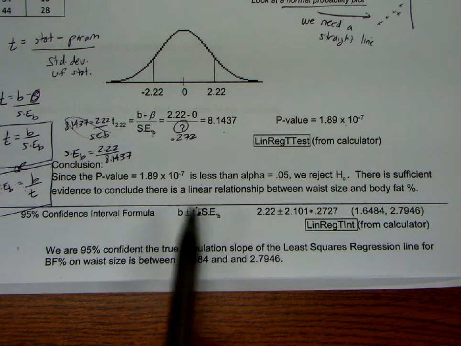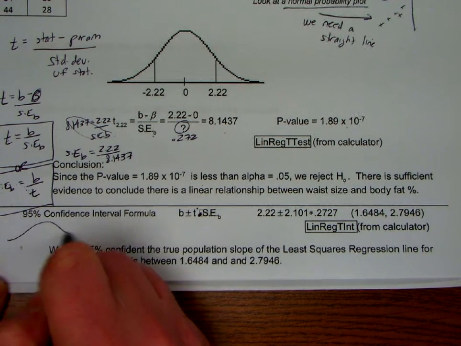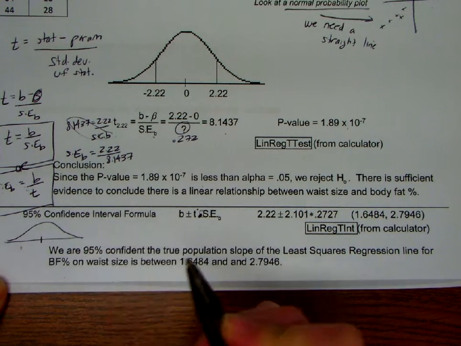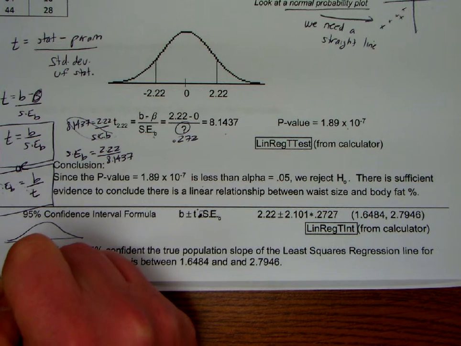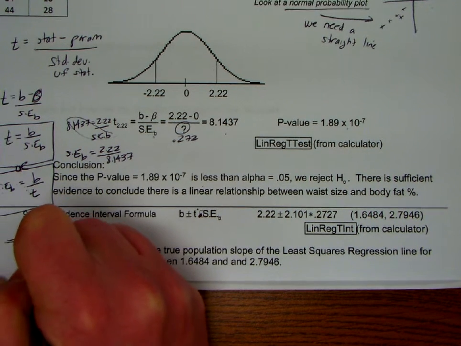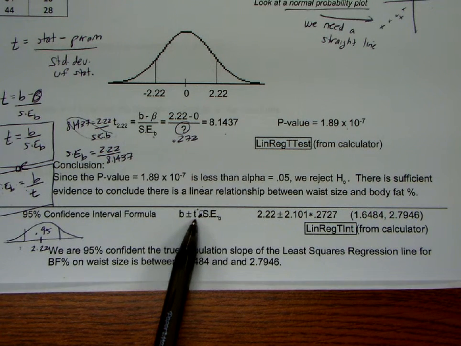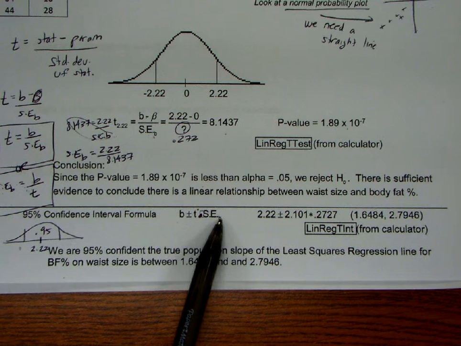Now, a confidence interval, this should be a multiplication sign. You start in the middle with b. So in a confidence interval, you would be putting 2.22 in the middle. Okay, so b plus or minus t star times the standard error of the slope.